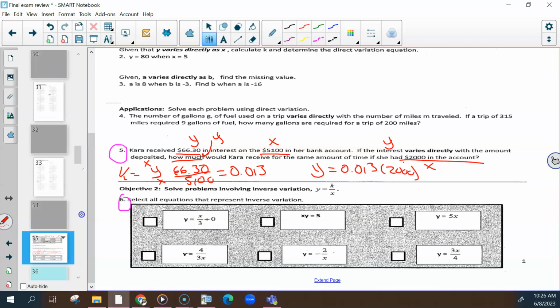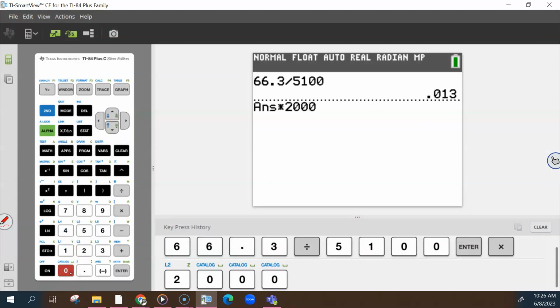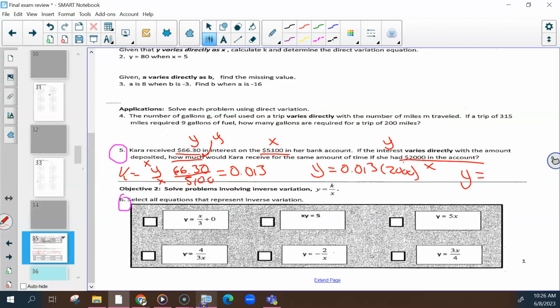We would multiply those and figure out what y is. And because this is a word problem, we would need a label, dollars.